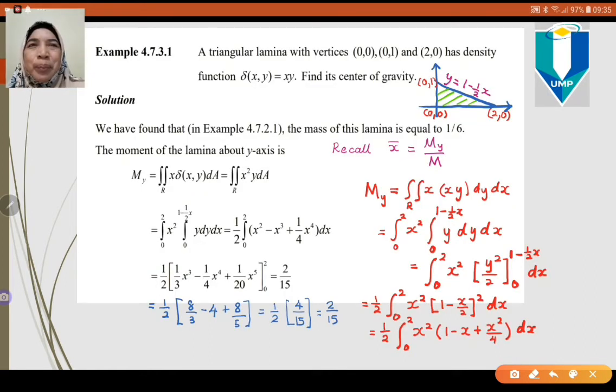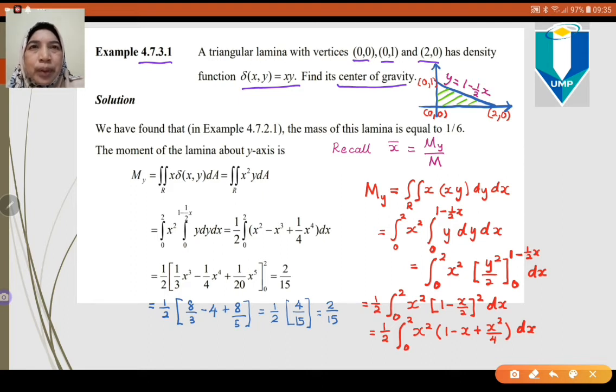Now in example 4.7.3.1, a triangular lamina with vertices (0, 0), (0, 1) and (2, 0) has density function delta(x, y) equal to xy. Now you need to find the center of gravity of this lamina.